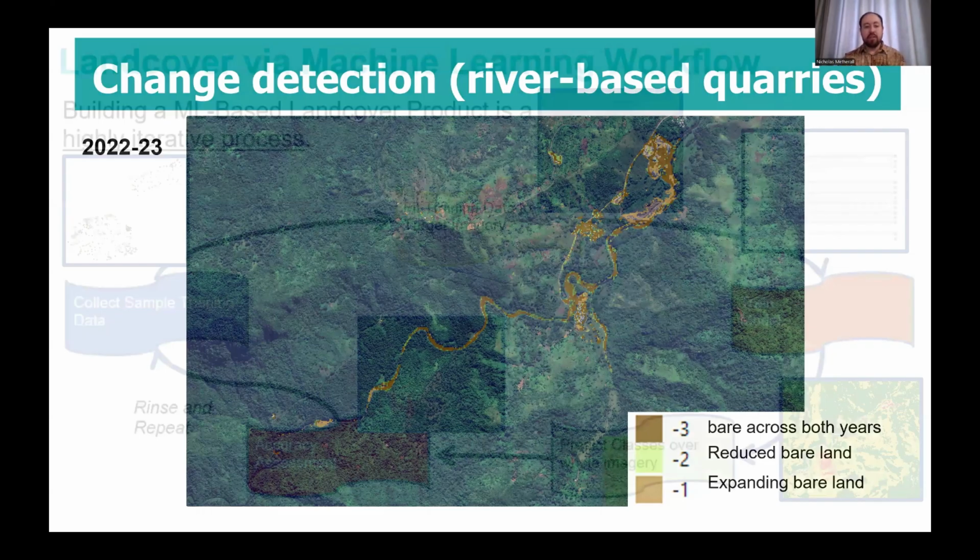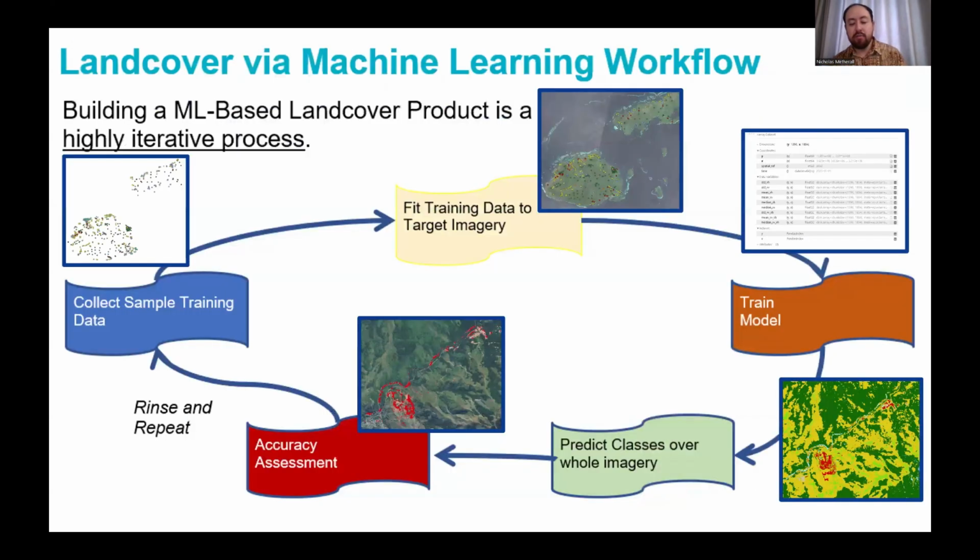This tool was developed through an iterative, or cyclical, process in which we collect sample training data. We fit this training data to our satellite imagery and also our elevation model, our SRTM or Shuttle Radar Topography Mission data, and then we use that to train a model.